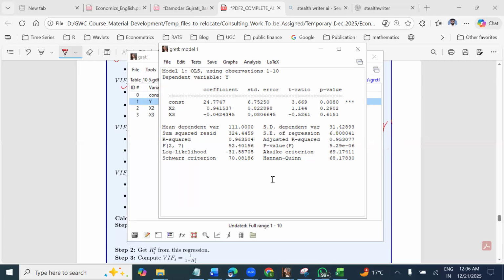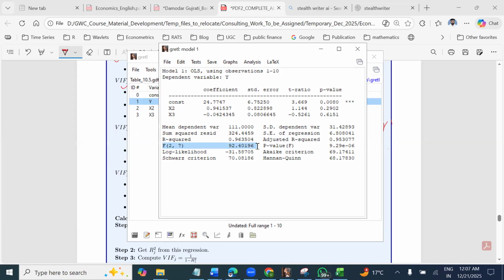Chinmay, is the regression statistically significant? Yes, sir. From which test are you saying yes? From the F test.